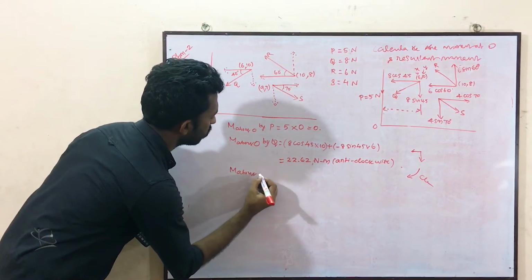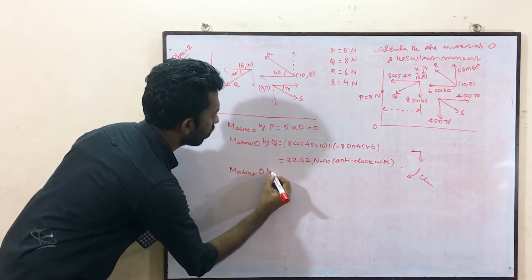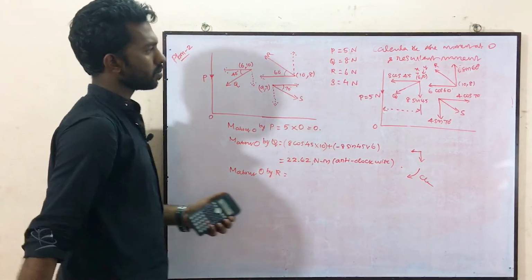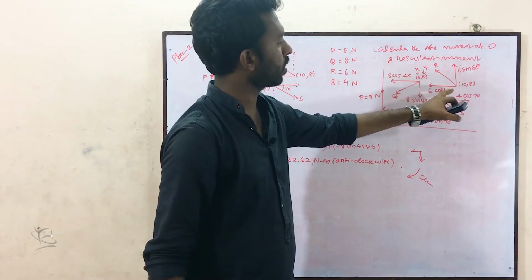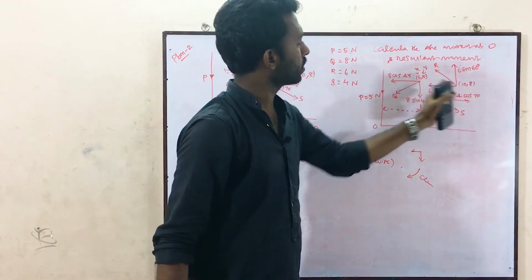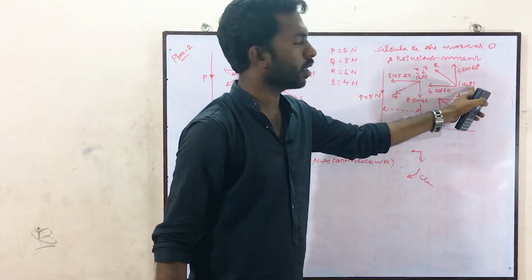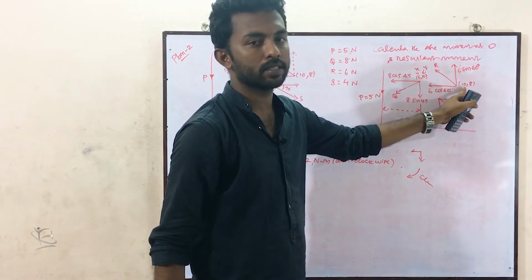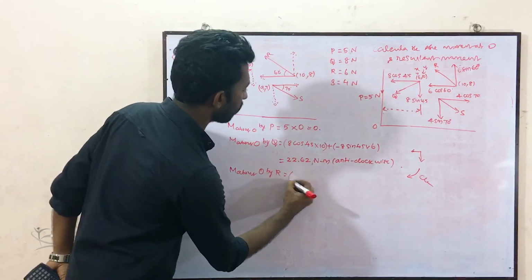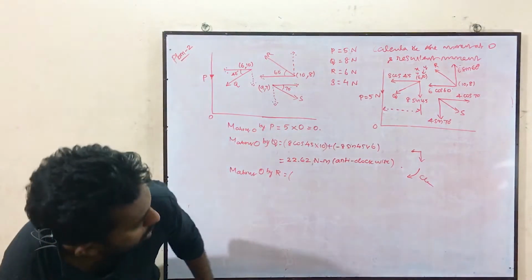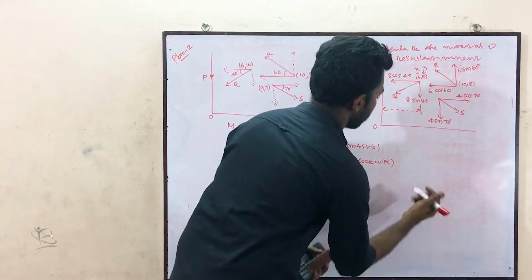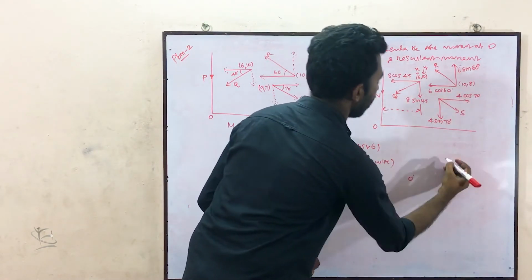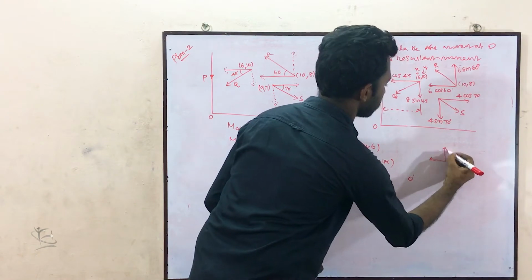Moment about O by R. Force R is here, so two components, horizontal and vertical. The distance is also given: X is 10 and Y, the vertical distance, is 8. The horizontal distance is 10. Now we are considering the first force, the horizontal force. This is the point O, and R is in this position.